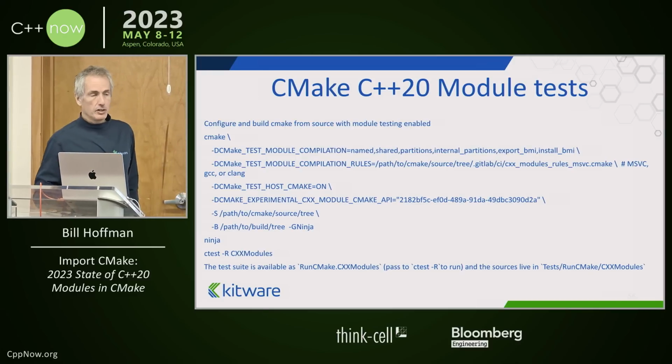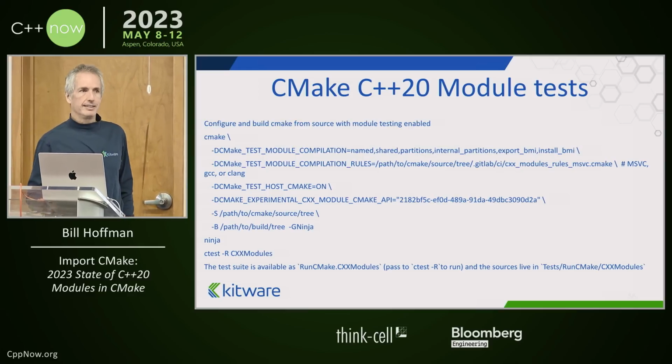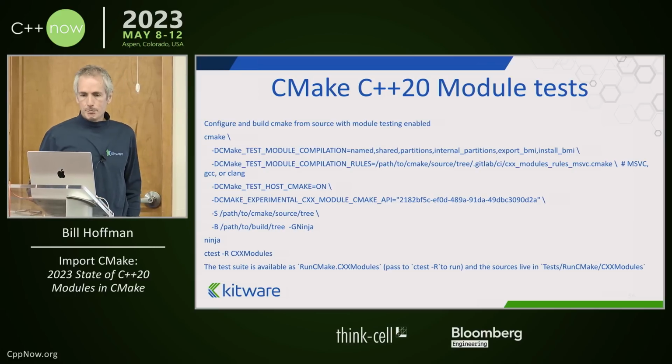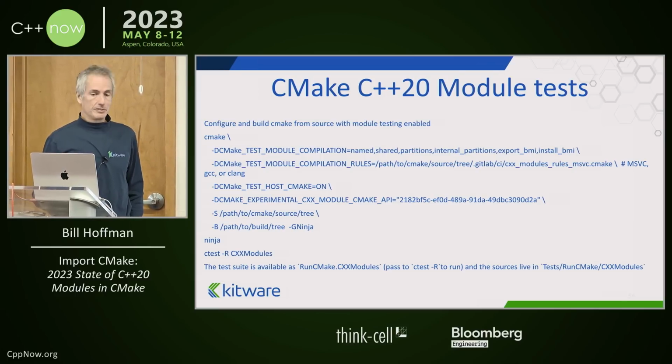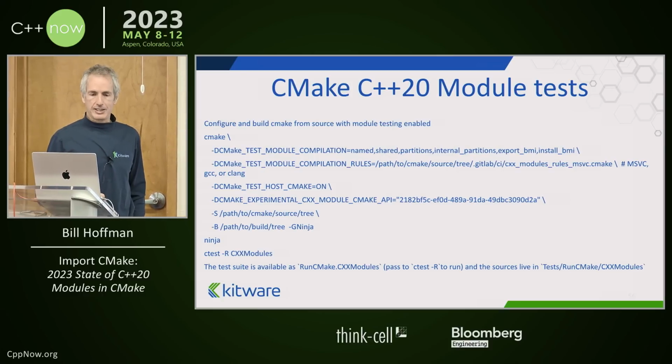Another thing that you can do if you want to play around with it is to look at the test cases in CMake, which are extensive and cover all of that documentation I just went over. You can configure and build them. So the way you do that is configure and build CMake from source with module testing enabled.